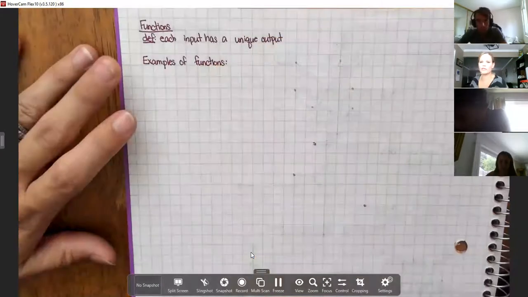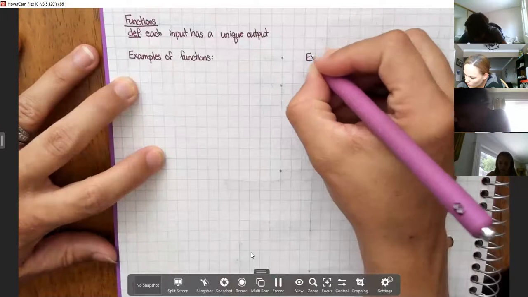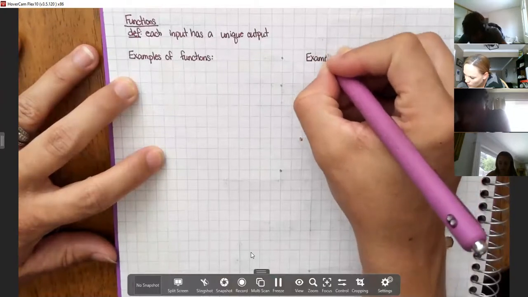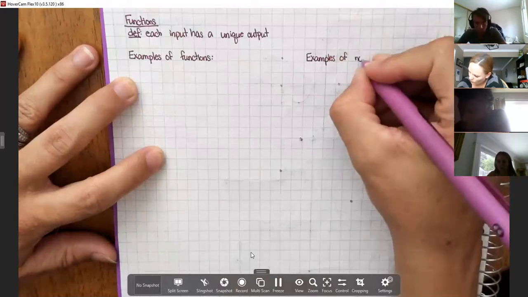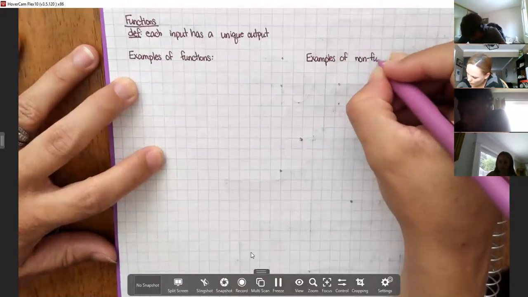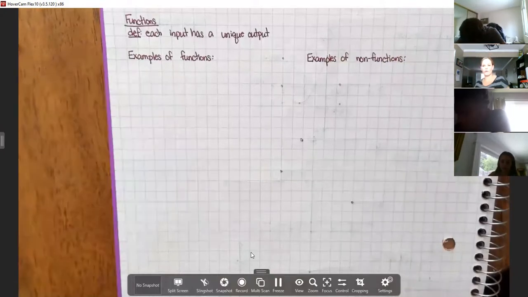So we'll do some examples of functions on the left, and on the right, we'll do some examples of non-functions. And hopefully this is coming back to you. I know we've had a lot of time off.